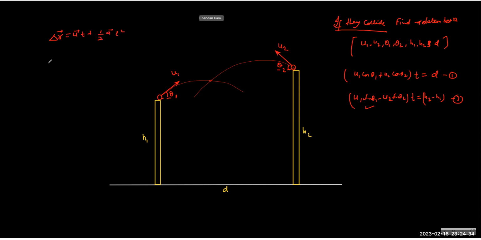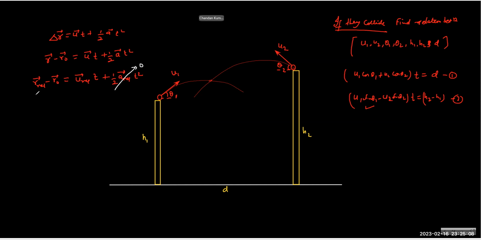So we can write delta r as r minus r naught equals ut plus half gt square, or let me keep it a only. And then I put a relative, r relative. And what is a relative here?